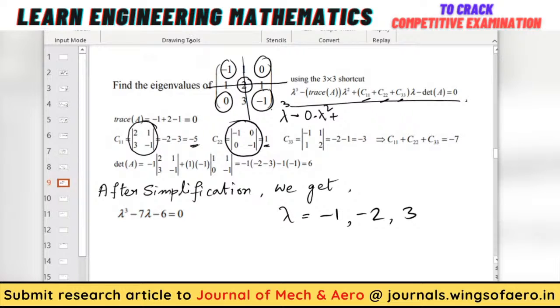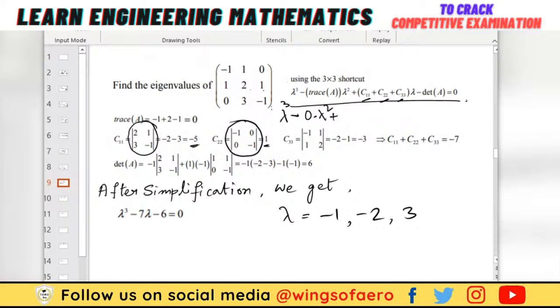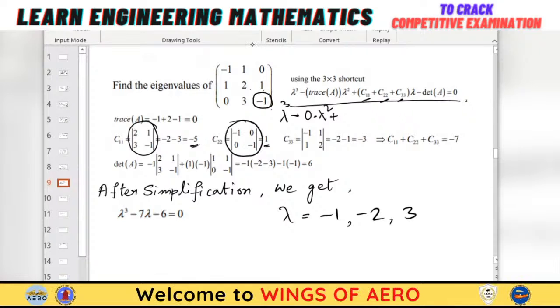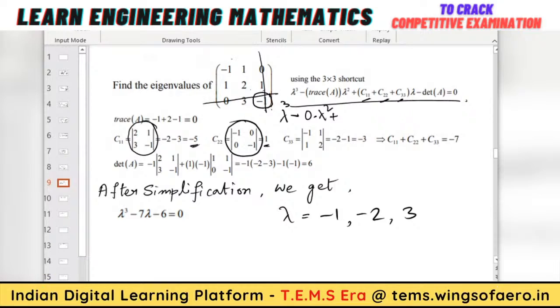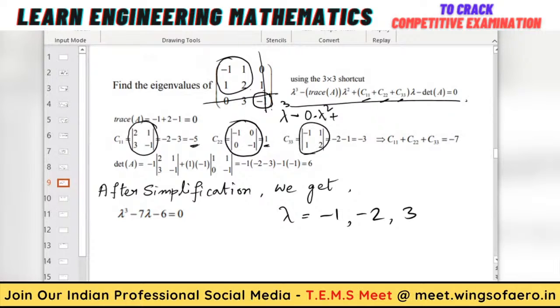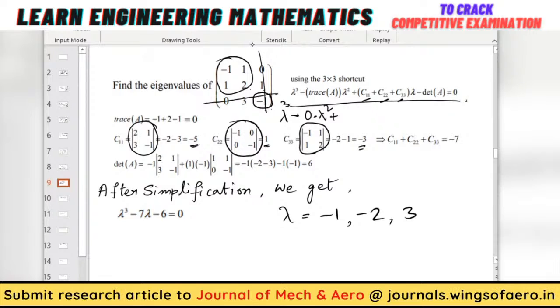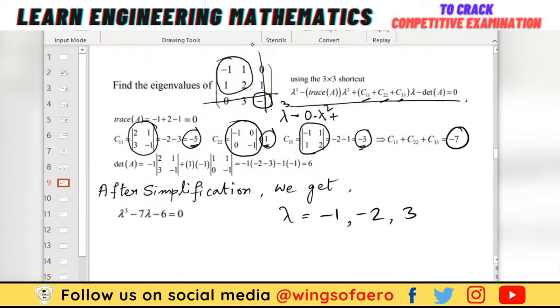Done. Third one, this element C33, delete this one, delete this one. So what is the minor? This is the minor: minus 1 1 1 2, which is equal to minus 3. Okay, so now add minus 5 plus 1 plus minus 3, which is equal to minus 7.